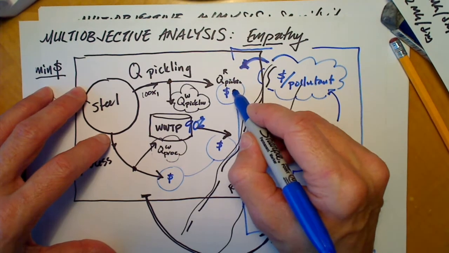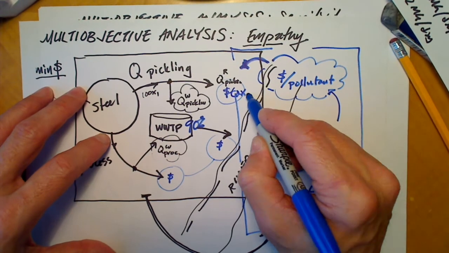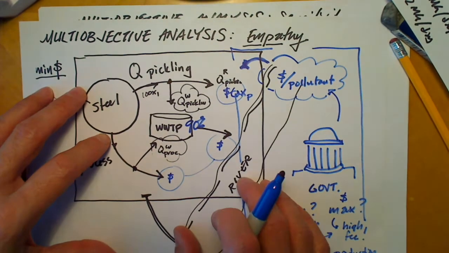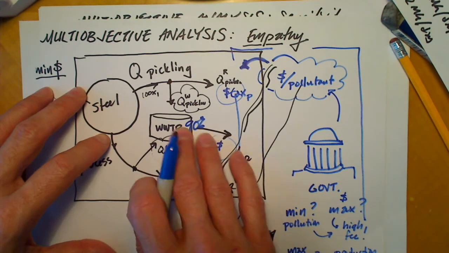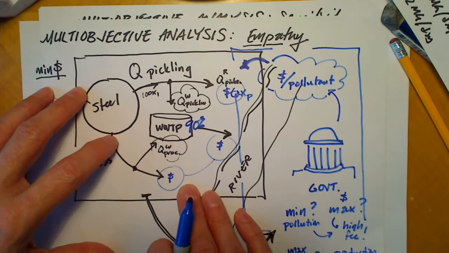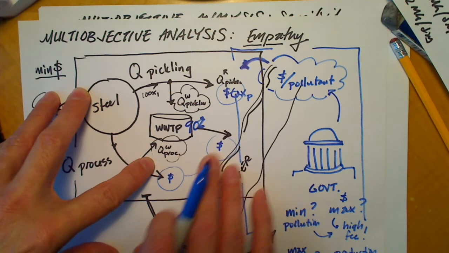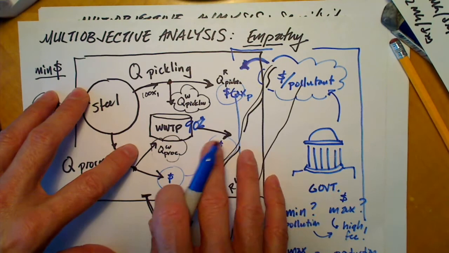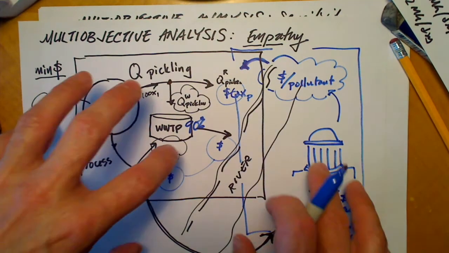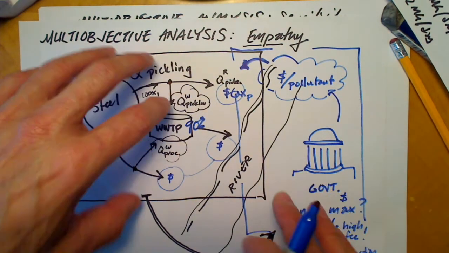We'll call that tax pickle. And then they have another fee for what's coming out of the wastewater treatment plant or the processed water plant, because that's lower.